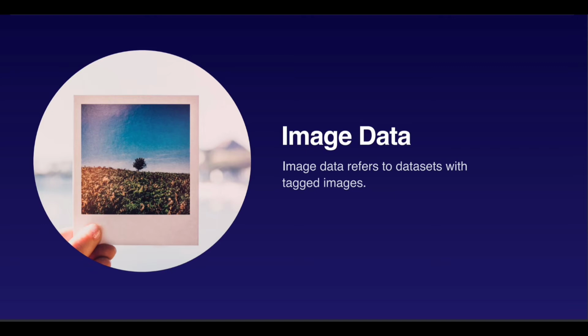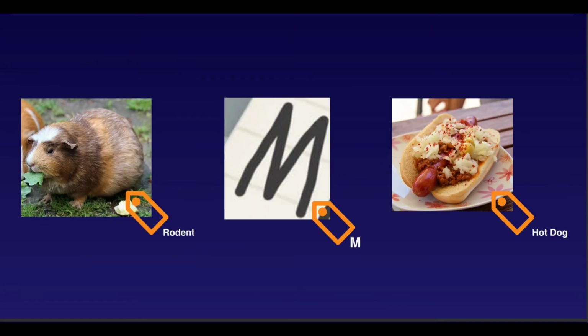It can also help with gender classification or age prediction and much more. There are several image repositories out on the web that I'll post in the description section, and we will look at a few of them in a little while, that have thousands and millions of images that are already tagged for image classification. So let's take a look at some image data examples.